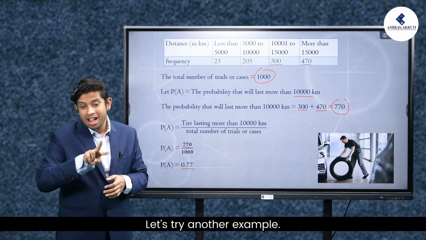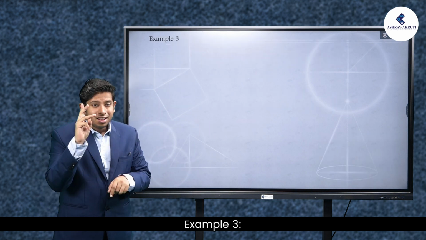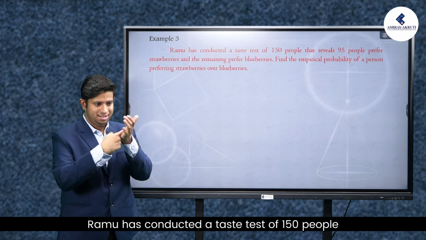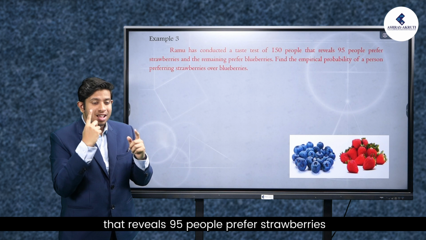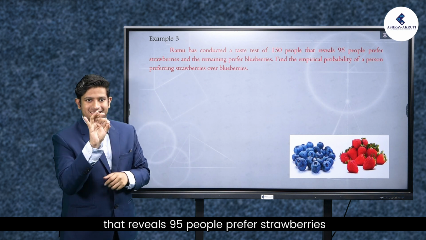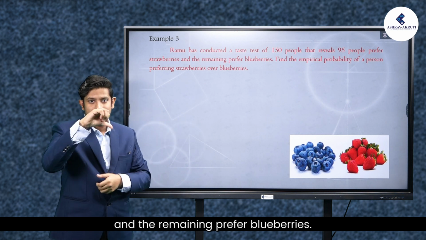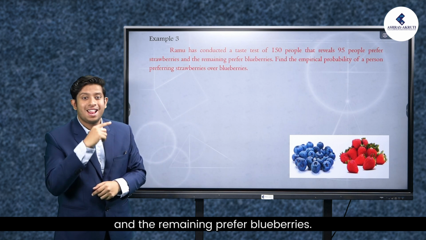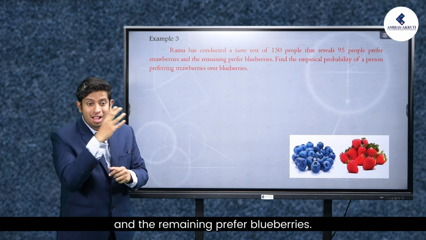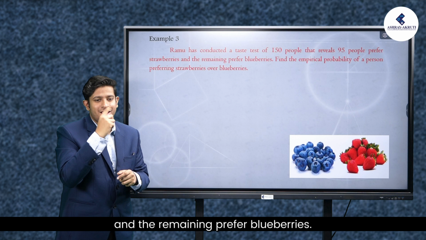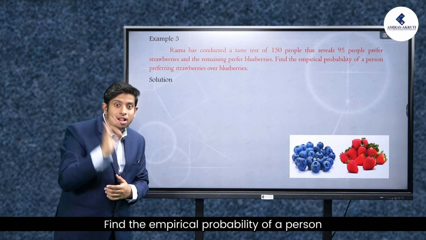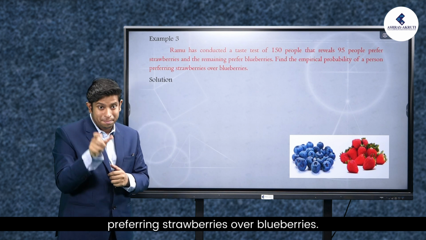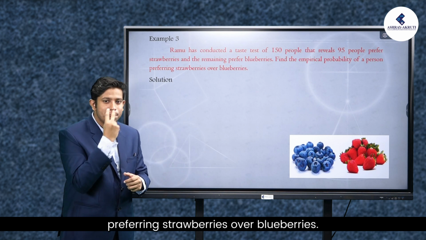Let's try another example. Example 3. Ramu has conducted a taste test of 150 people that reveals 95 people prefer strawberries and the remaining prefer blueberries. Find the empirical probability of a person preferring strawberries over blueberries.